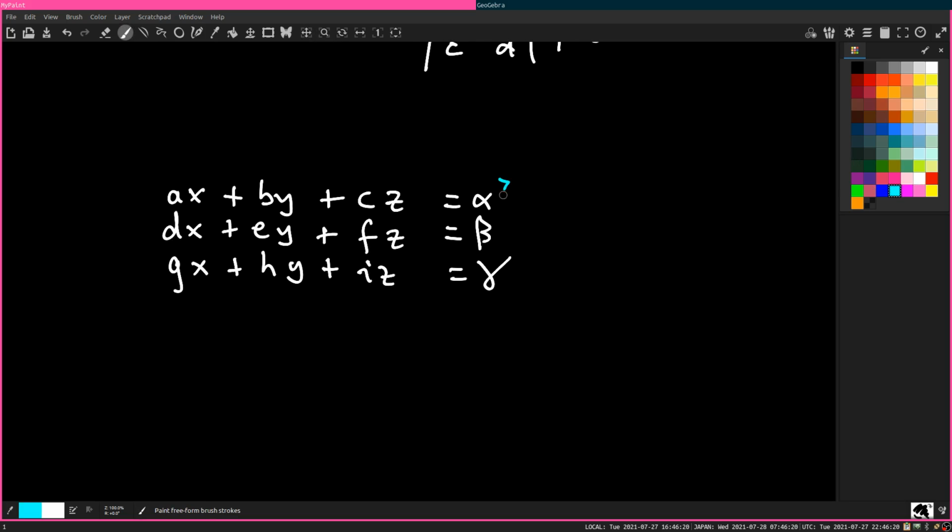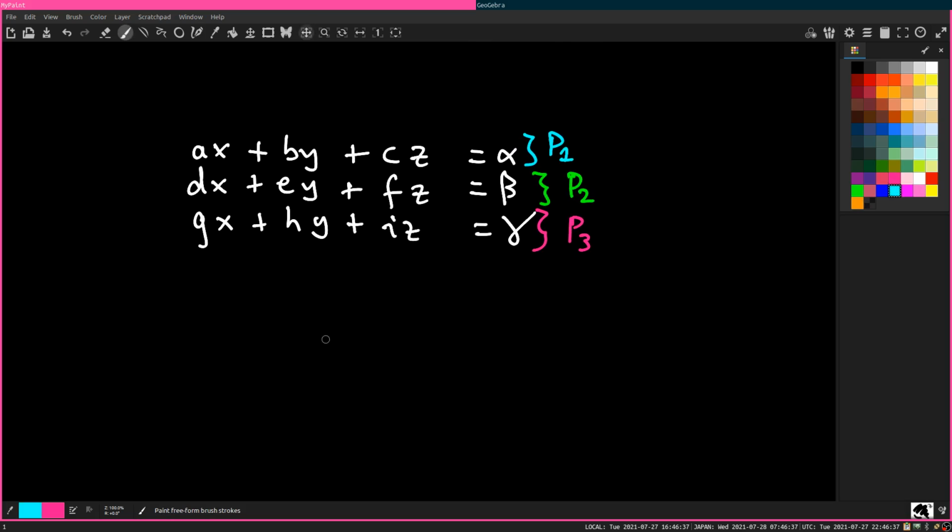So I'm just going to call this P1, this is P2, and this is P3. Okay? So the first equation is describing a plane in three-dimensional space. So I'm going to try to draw it.